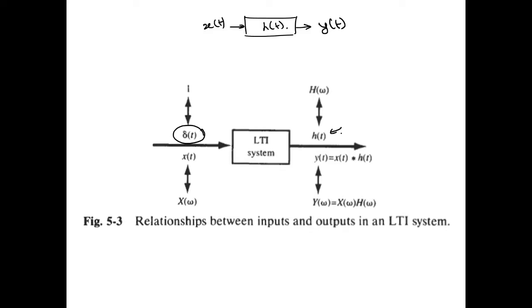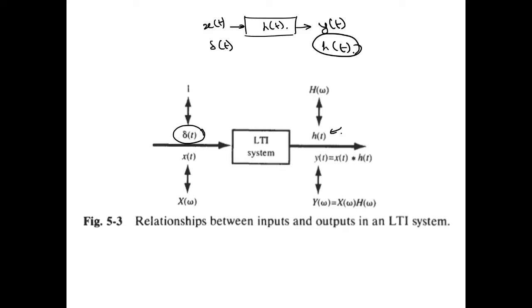So we can say that when we give delta t as the input, we will get h(t), and this h(t) is the characteristic of that person, in this case the system. By pinging a person, you will be able to understand the nature of the person.